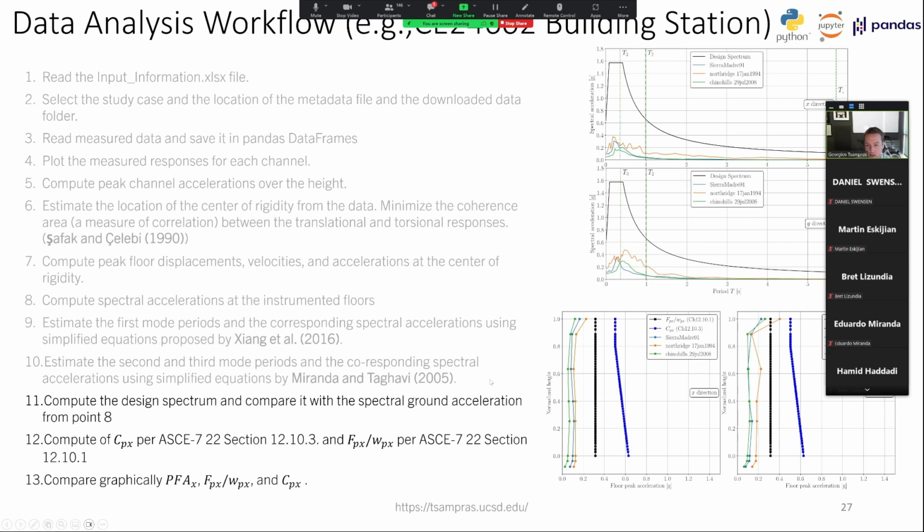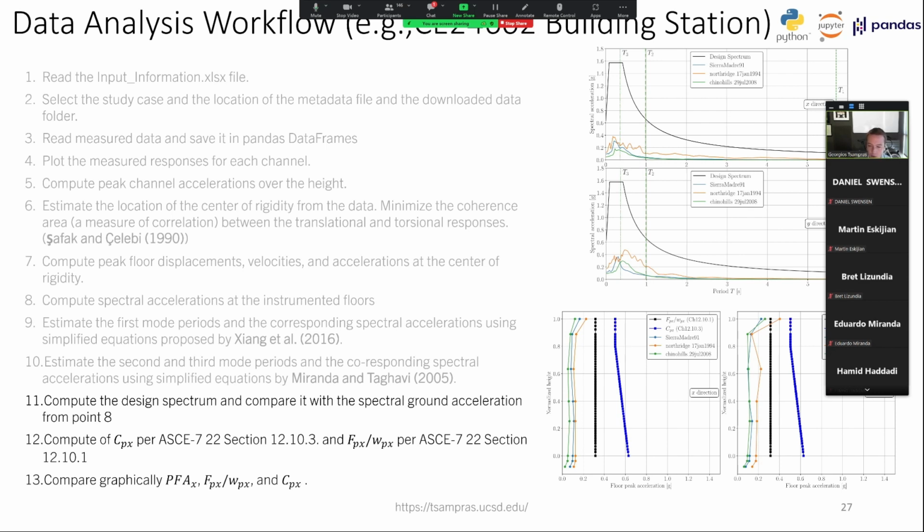And having access to this information, then we can go further and carry out design calculations. So we compute the design spectrum and we can retrieve spectral accelerations at given periods associated with the building that we are studying in X or Y horizontal translational direction.